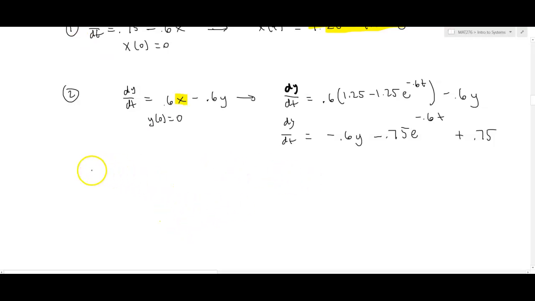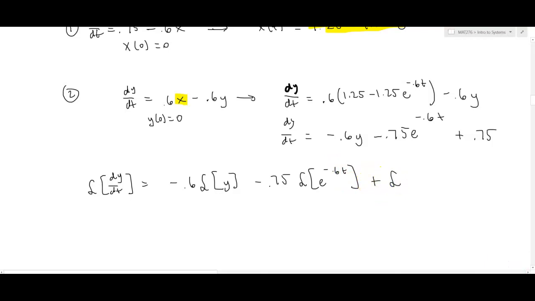So we'll take the Laplace transform of both sides. We'll get the Laplace of dy dt equals, and I'm going to write this all out in one step, negative 0.6 Laplace of y minus 0.75 times the Laplace of e to the negative 0.6t plus the Laplace of 0.75.